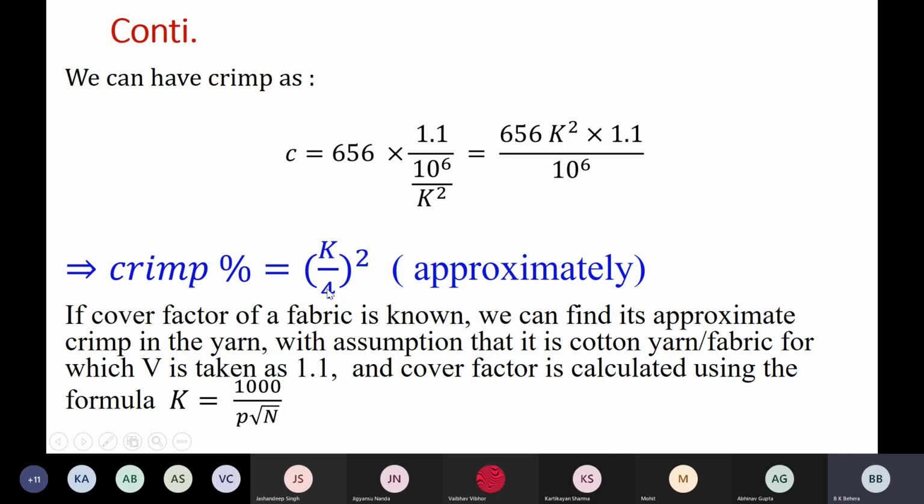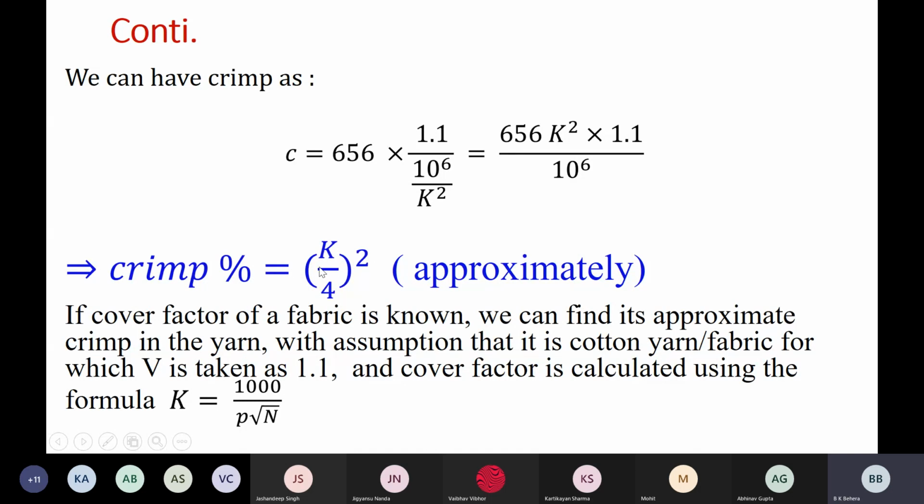And remember, since we are assuming V is equal to 1.1, this equation holds good only for cotton fabric. And you must know why it is cotton fabric, why not other. Specific volume means something relating to density. Density is mass by volume. So density means packing density. And as you know, whether you make a yarn from cotton fiber, polyester fiber, acrylic or wool, the packing will be different because the crimp in the yarn is different.